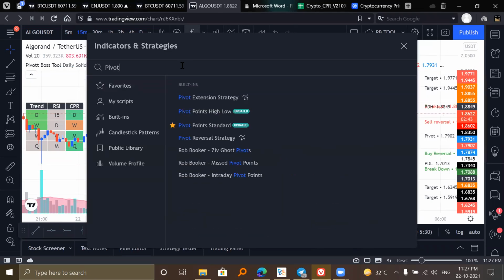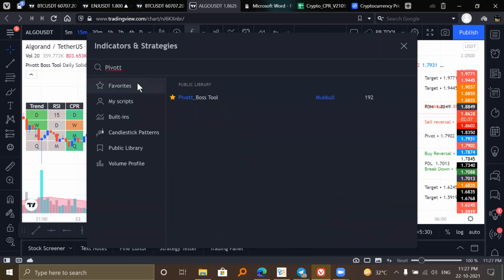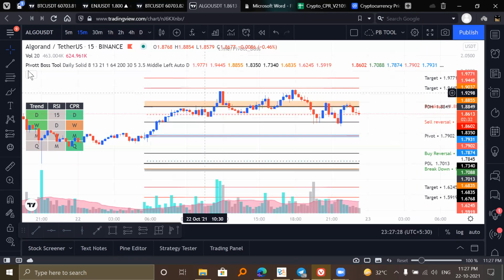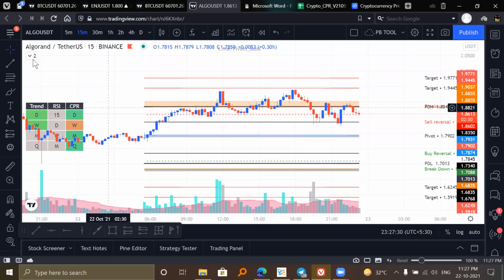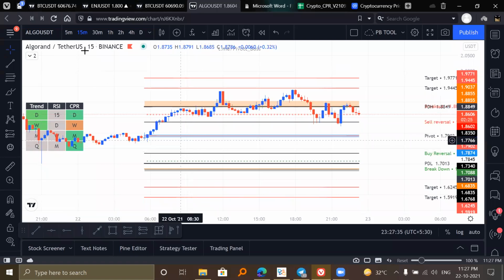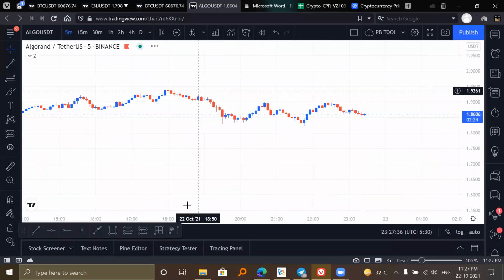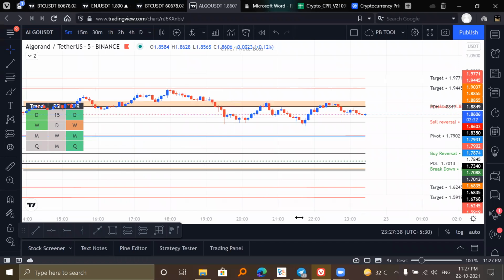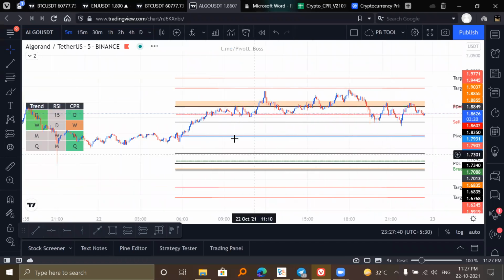Yes, it's there. Else I will share the link. Yeah, this is the Pivot Boss indicator, I've applied it on the chart. If someone is a scalper, they can simply apply this indicator.